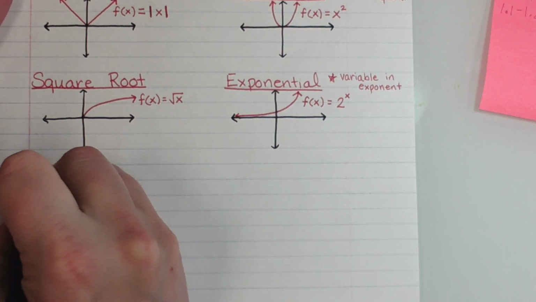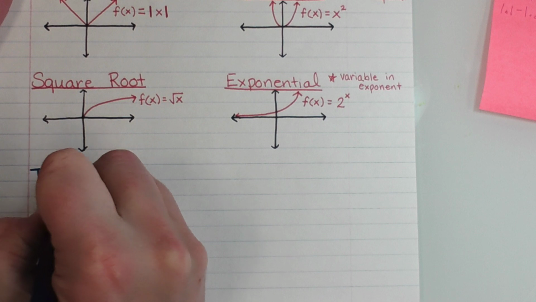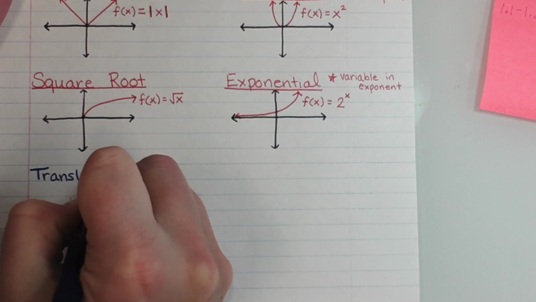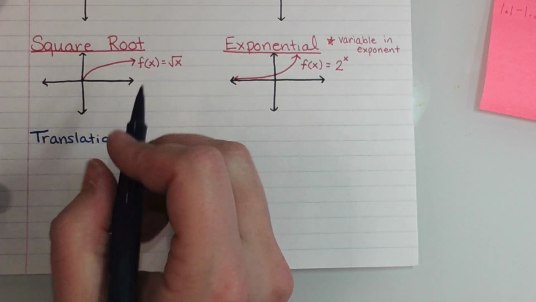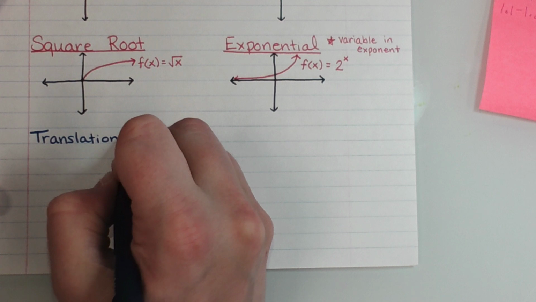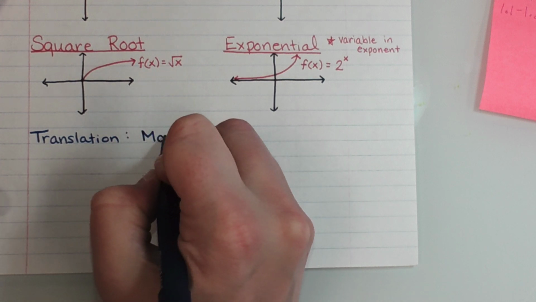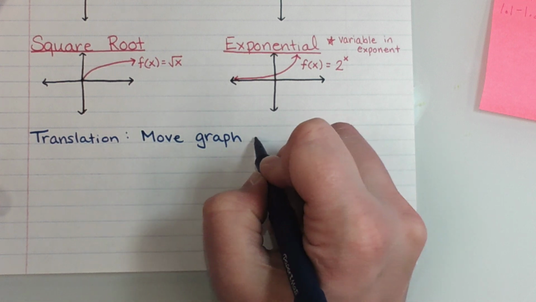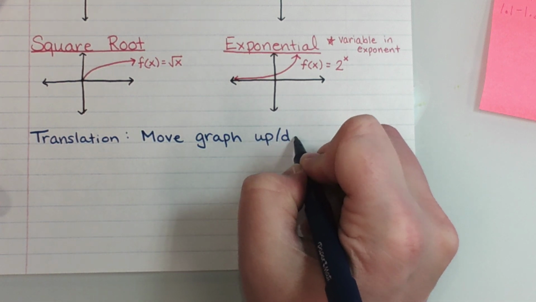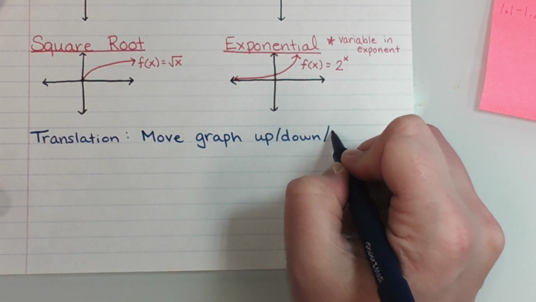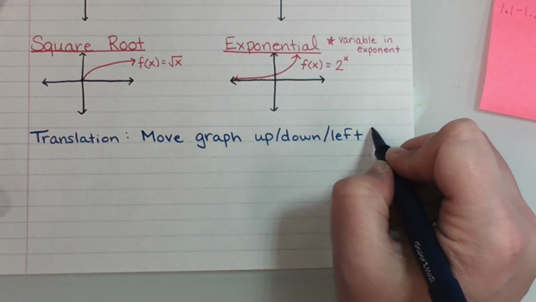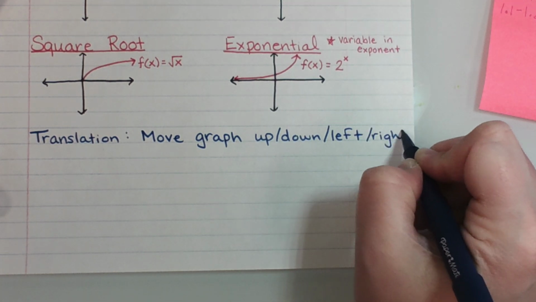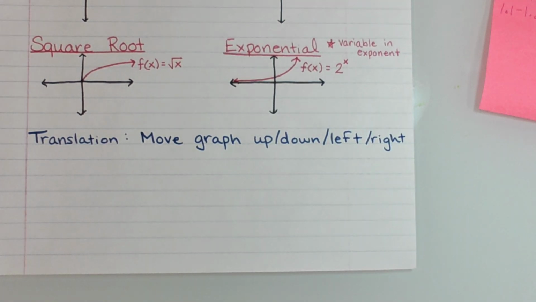Transformations include translations, this is where you're moving the graph around. You can move it up, down, left, right, doesn't matter. You're just changing where it is. Still looks like the same thing, just not where it was originally located.